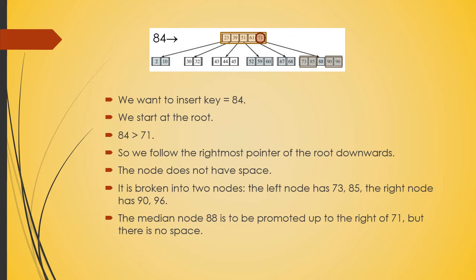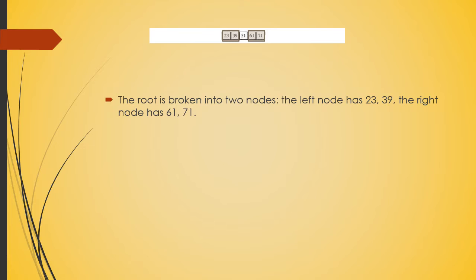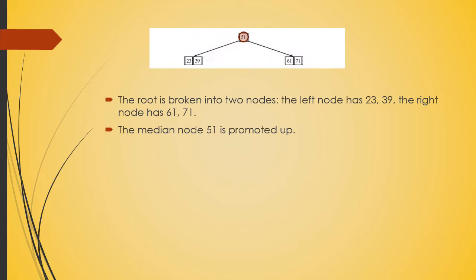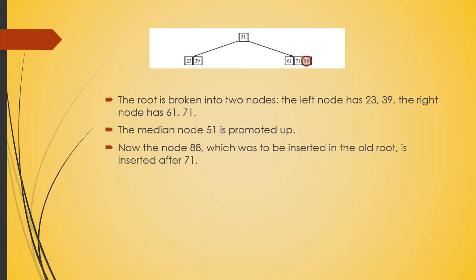The median node 88 is to be promoted up to the right of 71, but there is no space in the root node. The root is broken into two nodes. The left node has 23 and 39. The right node has 61 and 71. The median node is promoted up.